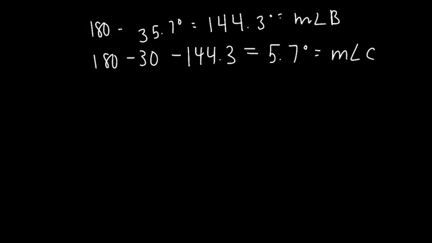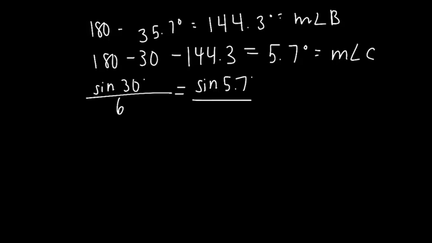Then we can use the law of sines again to find the length of side c. So sine of 30, which is angle A, over 6, which is side a, equals sine of 5.7 degrees, which is angle C, over little c, and then cross multiply and divide by sine 30.